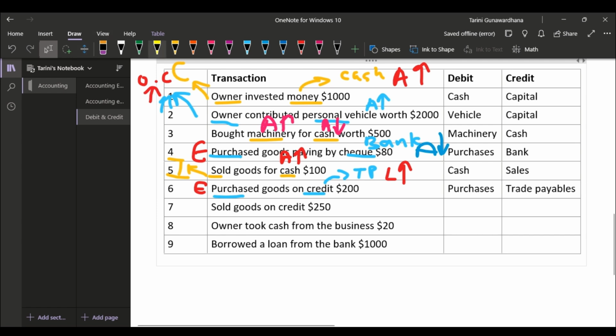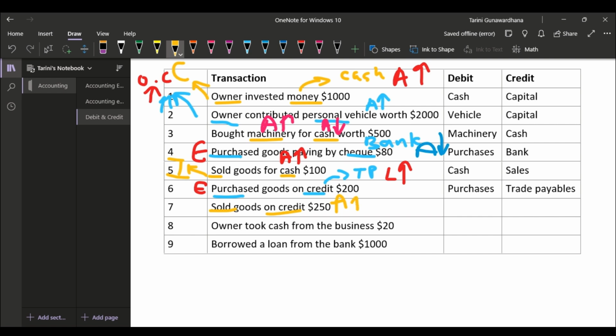Next case, sold goods on credit. Now here what's happening is we are selling goods to a customer and the customer says, okay, I will pay later. So it will lead to a future economic benefit. Someday I will get my money. That is an asset. And the asset account here is the debtor or the trade receivable account.